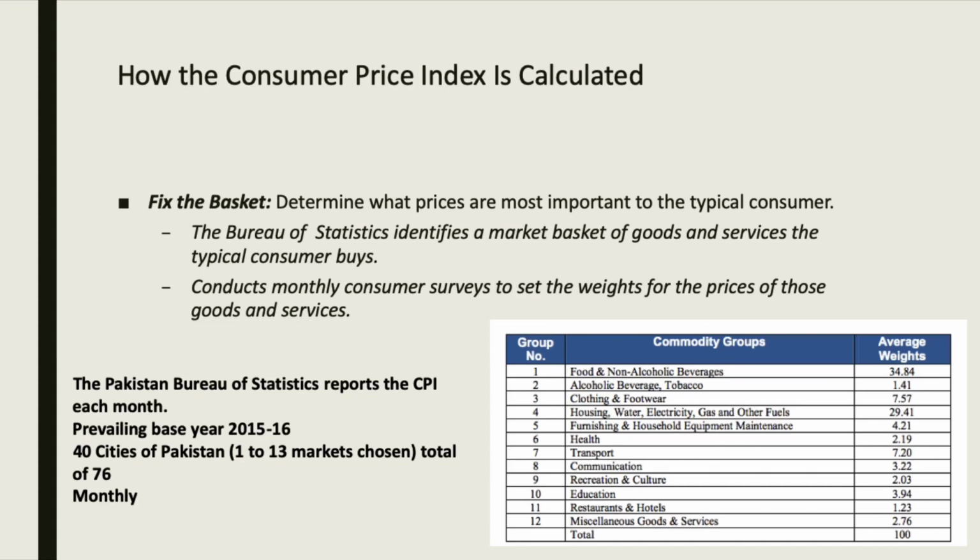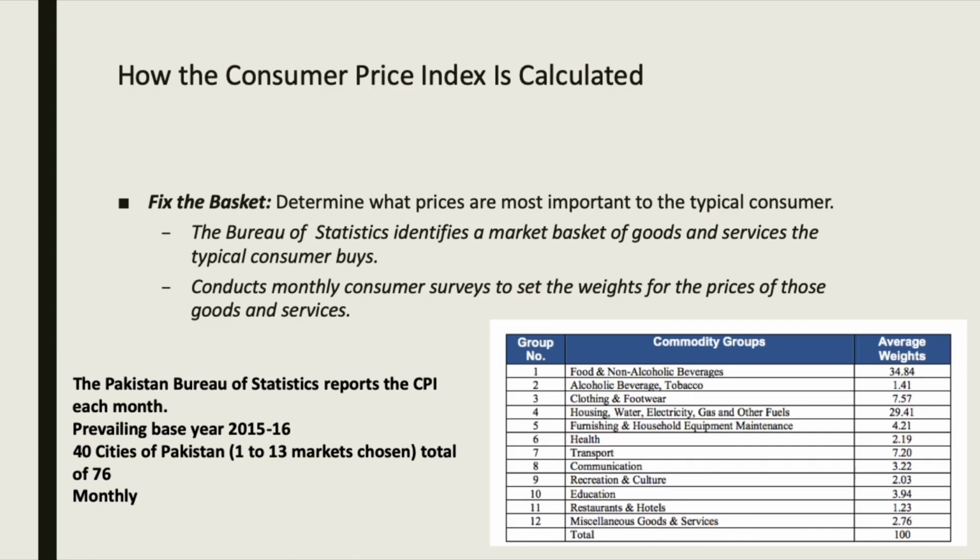Next, they want to figure out how the price of this particular basket changes over time. And by doing that, they come up with the inflation rates. So once they have decided the basket, what the Statistics Bureau does is they carry out surveys.